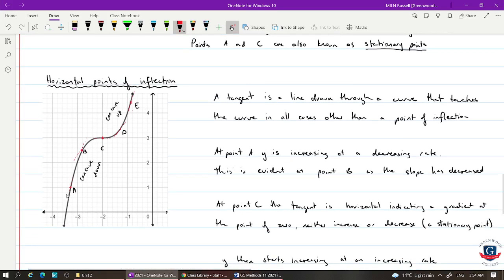Looking at A, at that point the function is increasing at a decreasing rate. Here the slope is very steep, here the slope is getting less steep, and here the gradient will be 0. Then at point C, the point of inflection where the concavity changes, the slope starts increasing again, from 0 to some greater value.